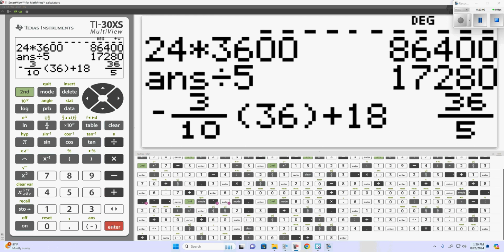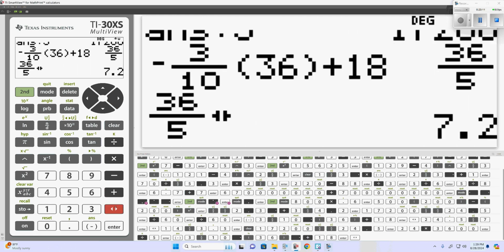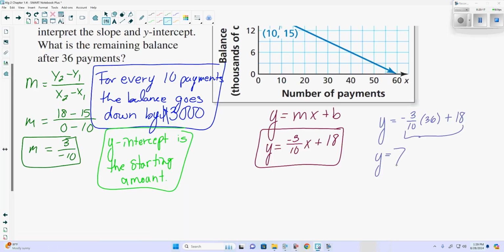Negative 3/10 times 36 plus 18 is 7.2. So our remaining balance is $7.20, yes?